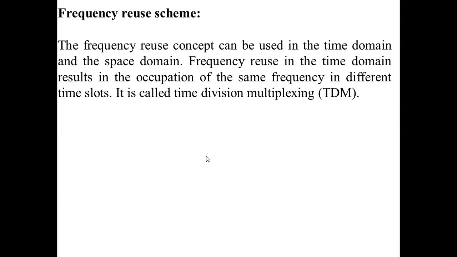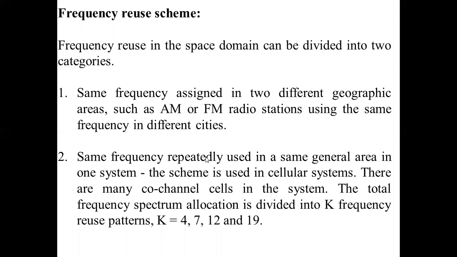And the second one can be implemented in the space domain also. In the space domain, we can divide the frequency reuse concept into two categories, which are shown in the next slide. First, the same frequency can be assigned in two different geographic areas, such as AM, FM. As you know, FM is operated the same in any city.